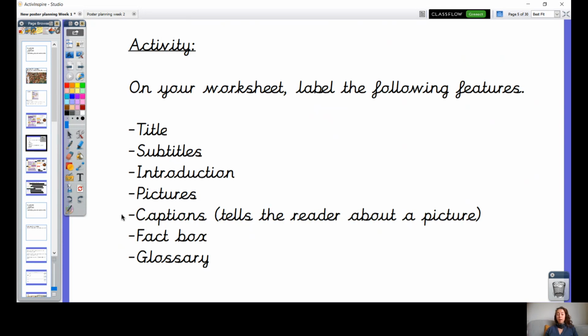Remember, captions are sentences that tell the reader about a picture. A fact box, and spot the glossary. So pause the video now and label those things on your worksheet. Use the spelling from this slide to help you. Do that now.